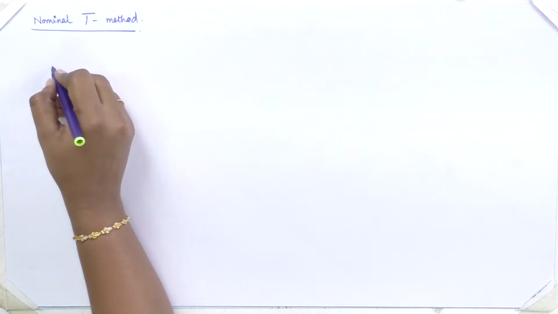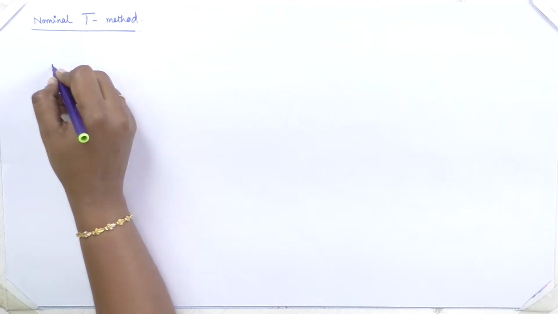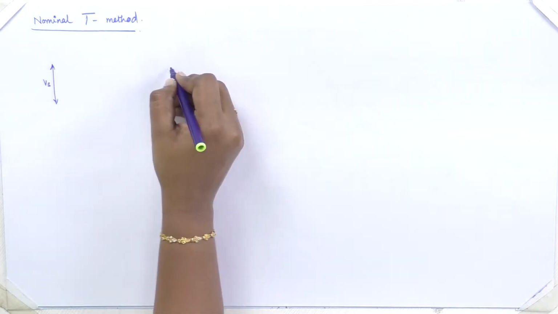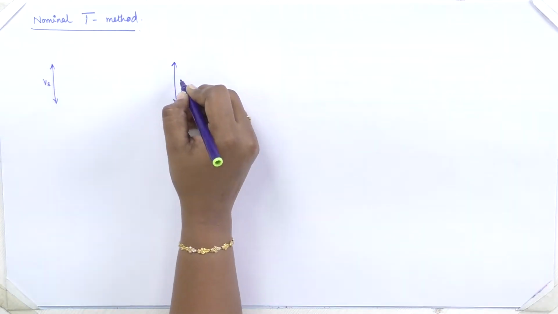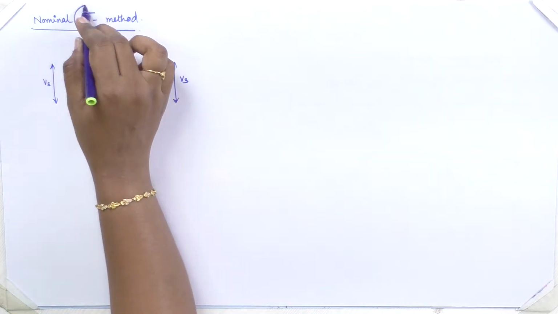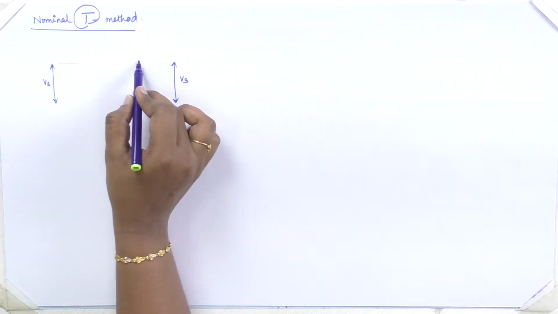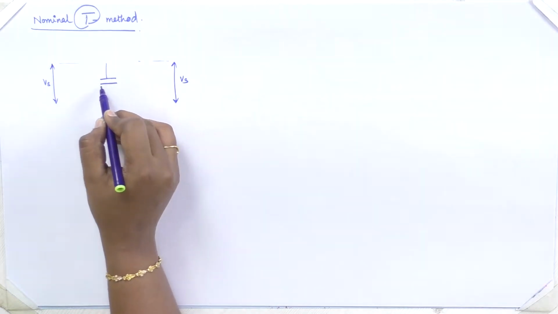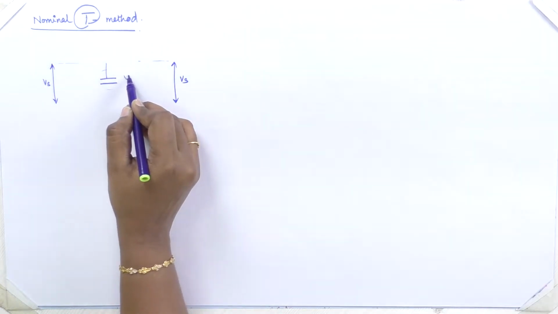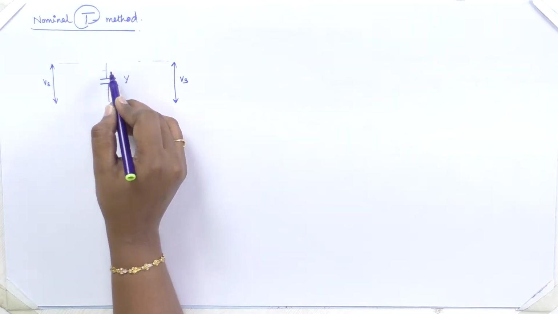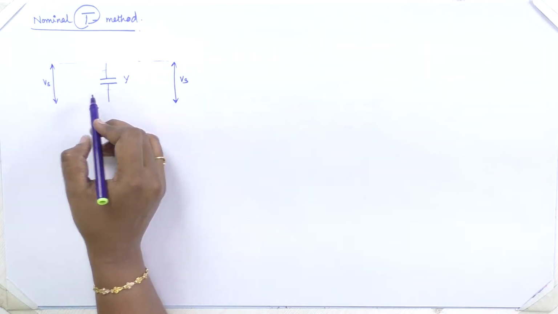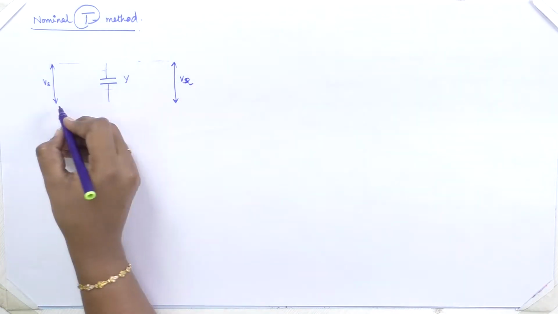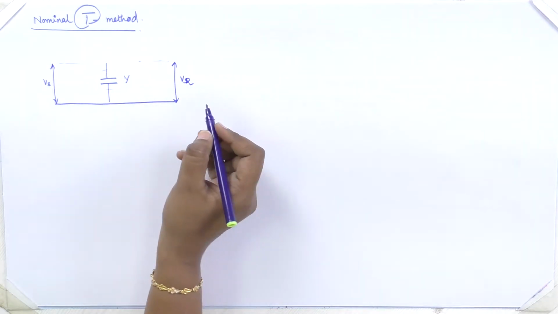In the nominal T method, this is my sending end voltage Vs and this is my receiving end voltage Vr. As the name suggests, T, some parameters will be there. Here I am placing the capacitance, which is the shunt admittance Y. With this capacitance I am going to calculate the Vs, Vr, Is, Ir relations.